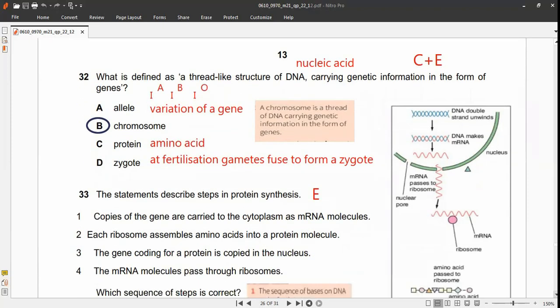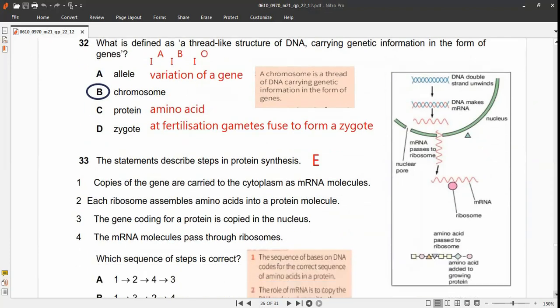The statements describe steps in protein synthesis. Number one, copies of the gene are carried to the cytoplasm as mRNA, messenger RNA molecules. Each ribosome assembles amino acids into a protein molecule. The gene coding for a protein is copied in the nucleus. The messenger RNA molecules pass through the ribosome.